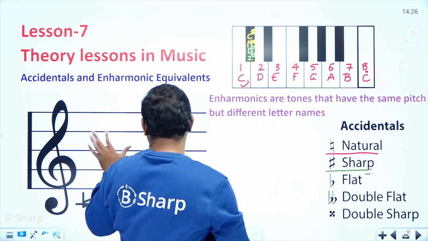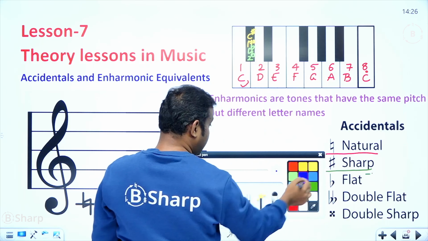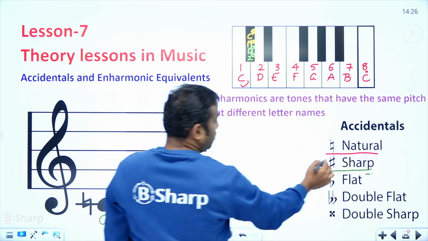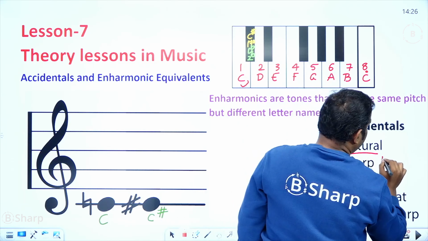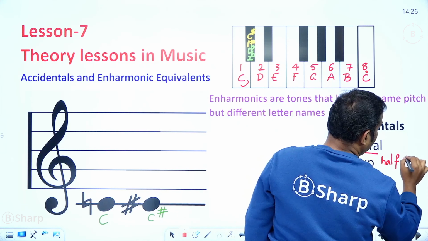Okay, the sharp symbol is basically, so natural means whatever the natural value is, that's okay. So this is C. Sharp means that we take a half tone. It is better to say half tone.